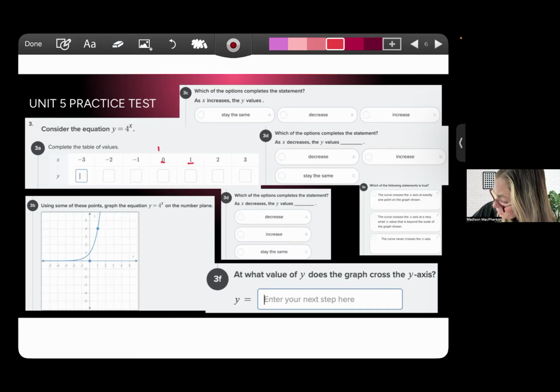So 4 to the power of 0, anything to the power of 0 is just 1. Then we have 4 to the power of 1, which is 4. 4 squared, which is 4 times 4, which is 16. And then we've got 4 cubed, which is going to be 4 times 4 times 4, which is going to be 64.